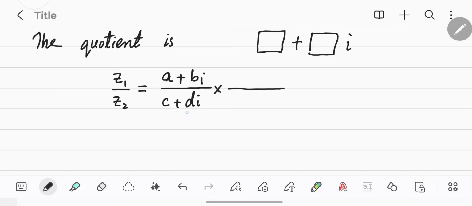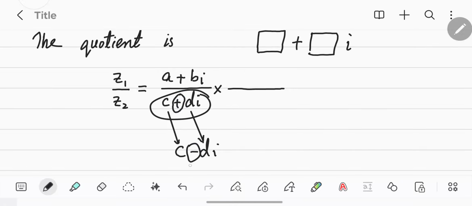The conjugate of this number is c minus d iota. The conjugate is obtained by taking the real part as it is and flipping the sign of the imaginary part. If the sign is plus, make it minus; if it is minus, make it plus.